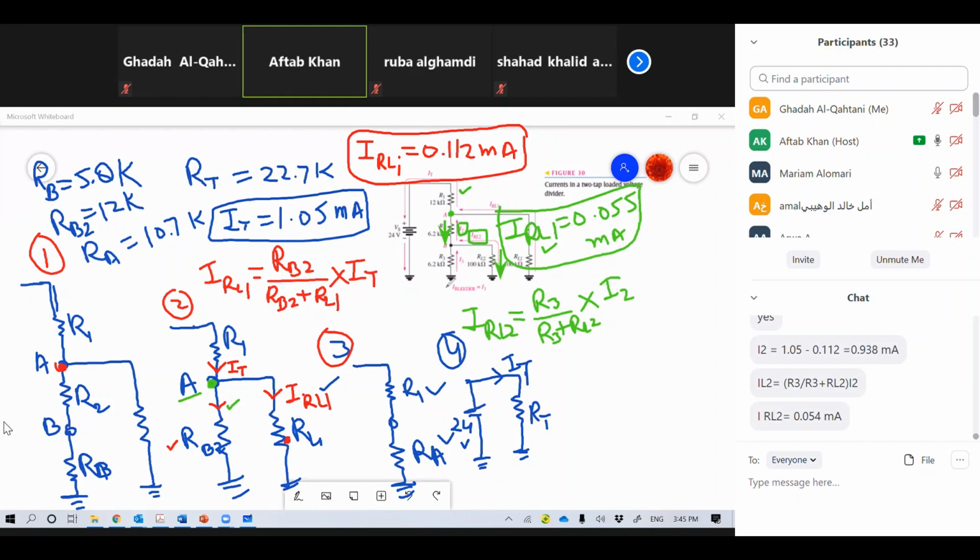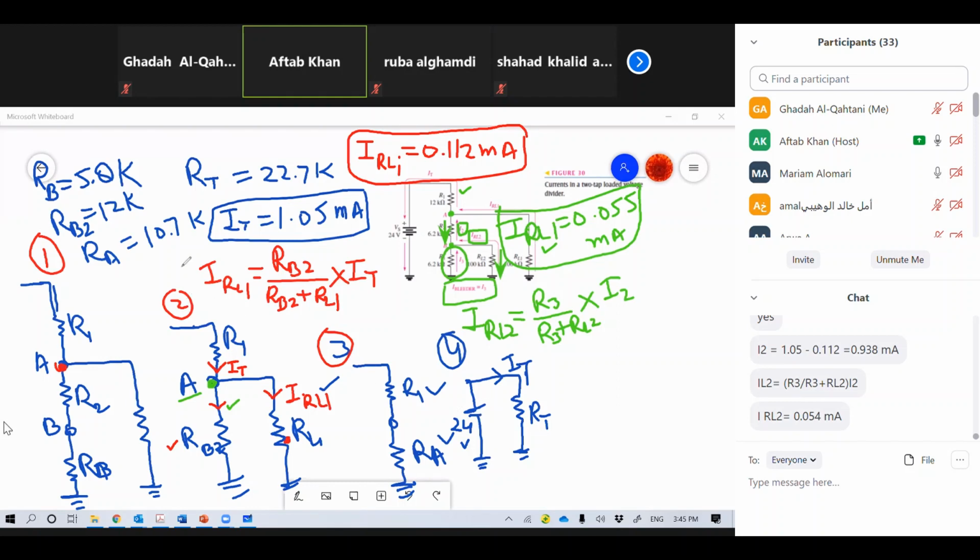Can I find the bleeder current, which is I3, yani this remaining current? Can we again apply what? KCL, yeah, Kirchhoff's current law. So I3 will be how much? You can calculate it.